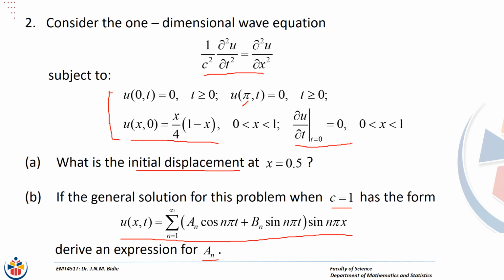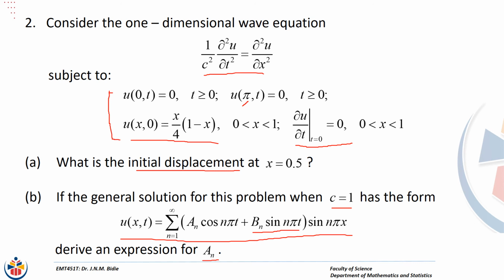Now you need to think. In order for you to get an, it means we have to eliminate the term that has got bn. How do you eliminate the term that has got bn? It is when t is equal to 0, because we know sine 0 is equal to 0. That will eliminate the second term, which has got bn, and allow us to work with the first term and then be able to get our an.